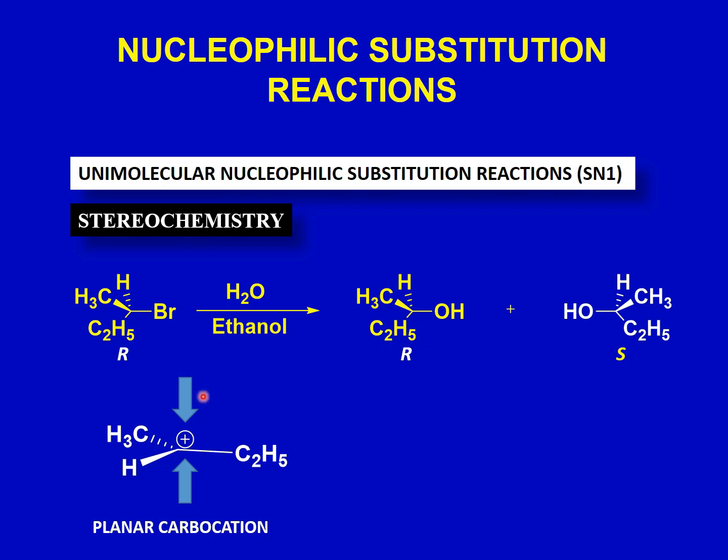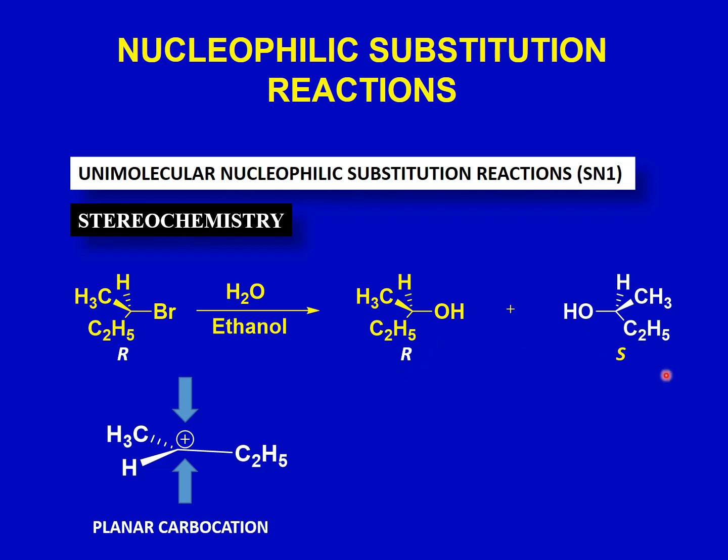So if the OH group attacks from this end, we will have the formation of one stereoisomer, and if it attacks from this face, we will have the formation of the other isomer. So we are starting from a stereochemically pure isomer, and we are ending up with two alcohols having similar groups but different stereochemistry.